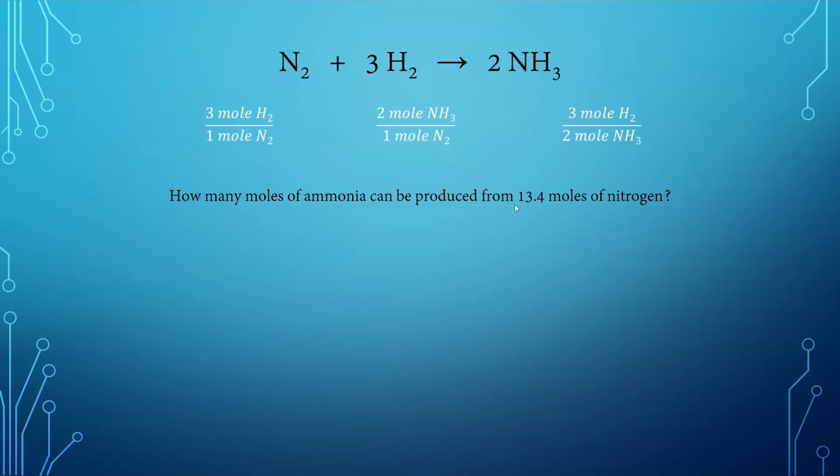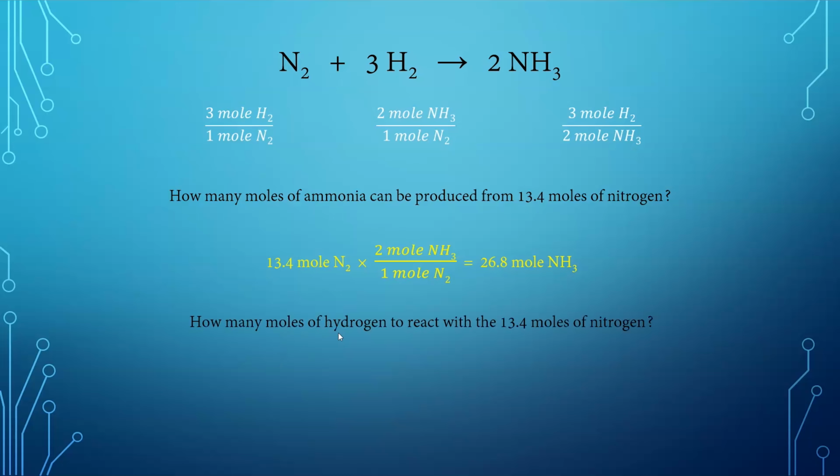So in this case, our starting point would be the 13.4 moles of nitrogen. We want to get from moles of nitrogen to moles of ammonia, so we would want to use this conversion in the middle here that relates those two. And of course, we would want the moles of ammonia to be on the top so that the moles of nitrogen would cancel, and we end up with 26.8 moles of ammonia.